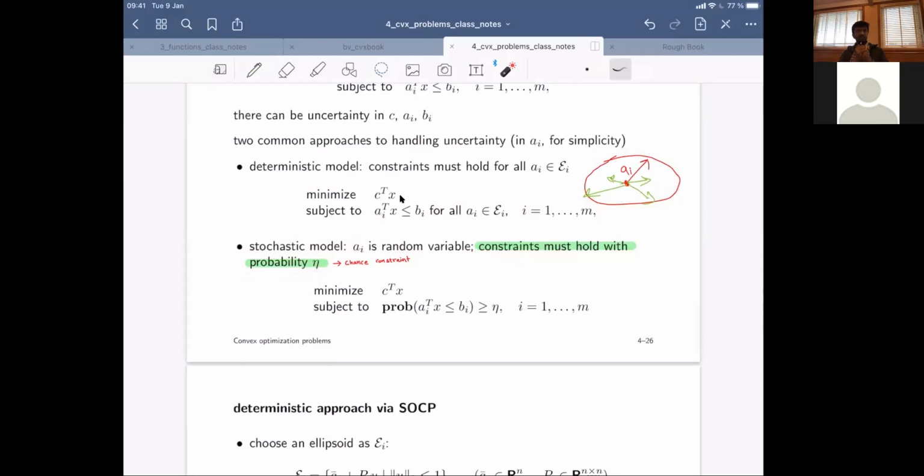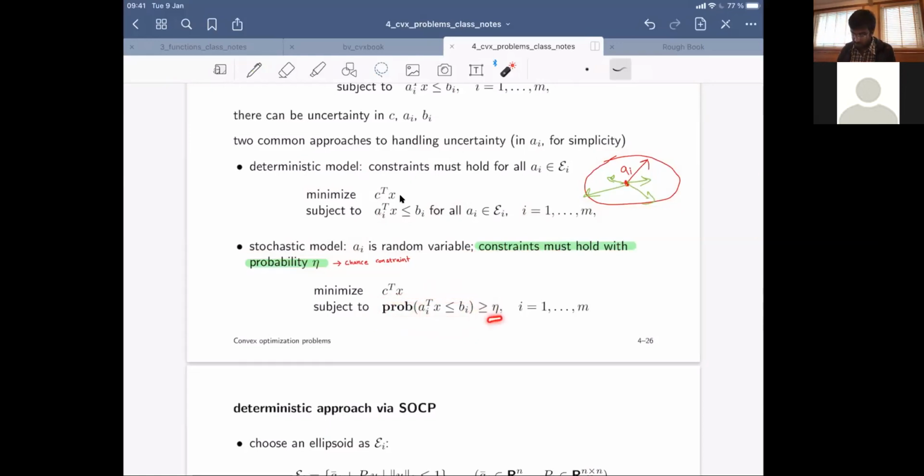This is the way we state that the constraint is satisfied, but I'm not 100% sure about that. It is satisfied with a probability. So how do you write that? The probability that this constraint A transpose X less than B is satisfied is greater than theta.